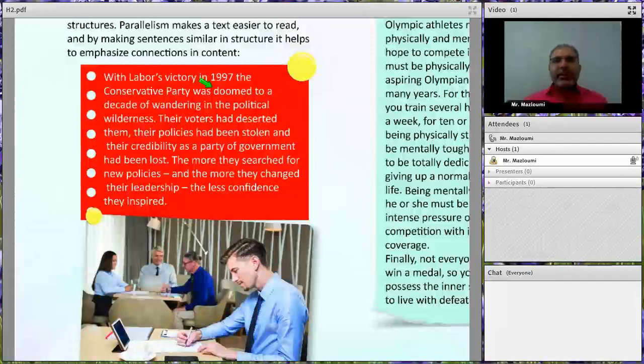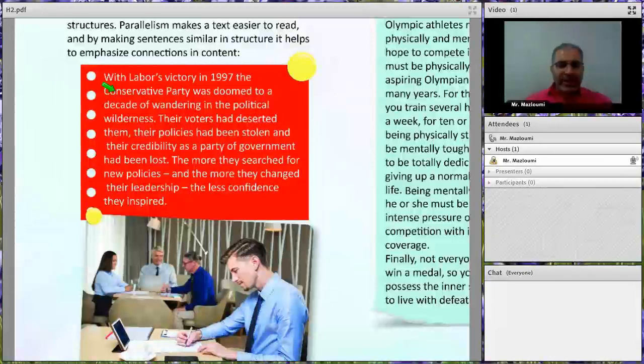When, for example, we say we are doomed to fail, we are doomed to die, it means it will certainly happen. Decade, guys, is a period of 10 years. So, this party was doomed to a decade of wandering in the political wilderness. Well, in the political wilderness means they weren't in power. They couldn't win the elections.